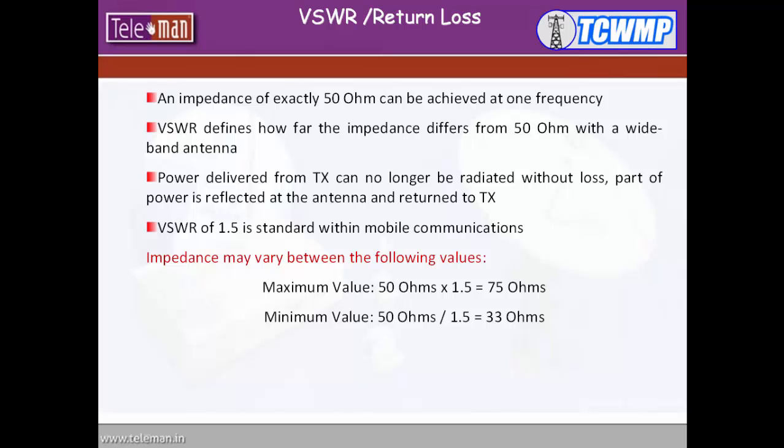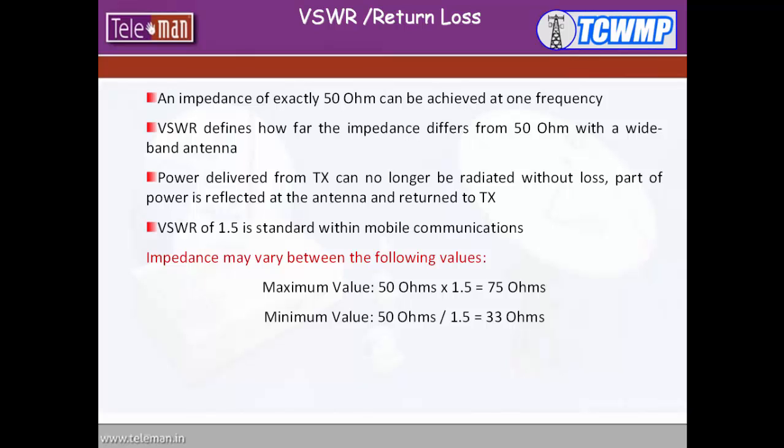Power delivered from TX can no longer be radiated without loss. So there will always be some kind of loss. But if there is reflected power, which is creating loss, it is known as VSWR or will lead to VSWR.